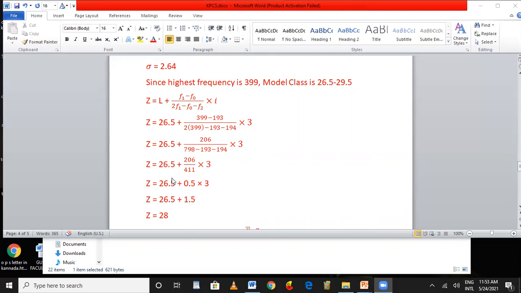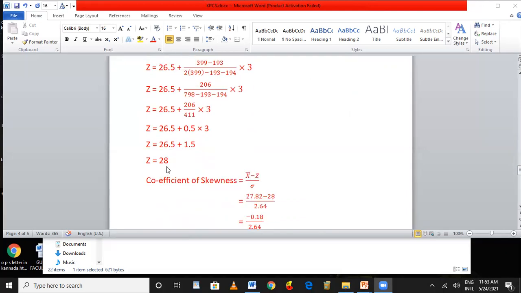Z is equal to 26.5 plus 0.5 into 3. It comes to Z equal to 28.